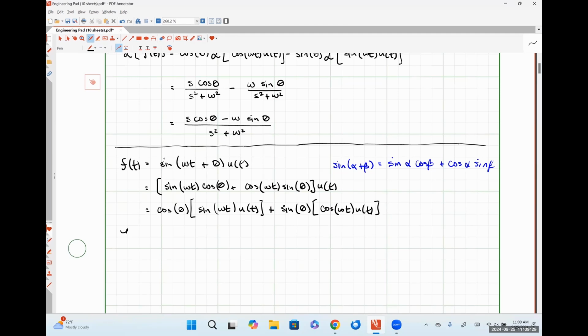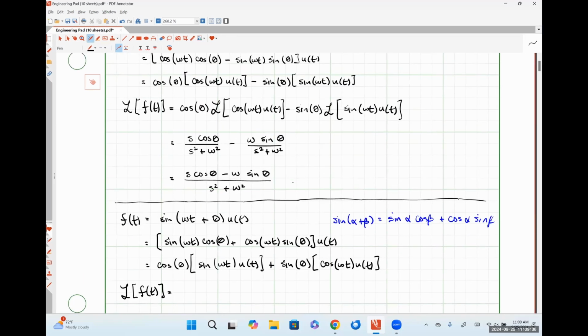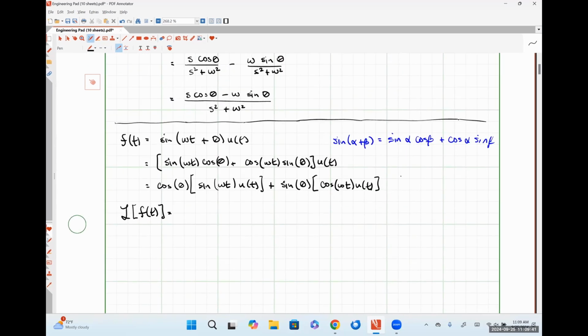So the Laplace transform of f of t, and I'm going to skip these intermediate steps because it's so incredibly similar to our last example, we are just going to wind up having omega times cosine of theta over s squared plus omega squared, plus s sine of theta over s squared plus omega squared.